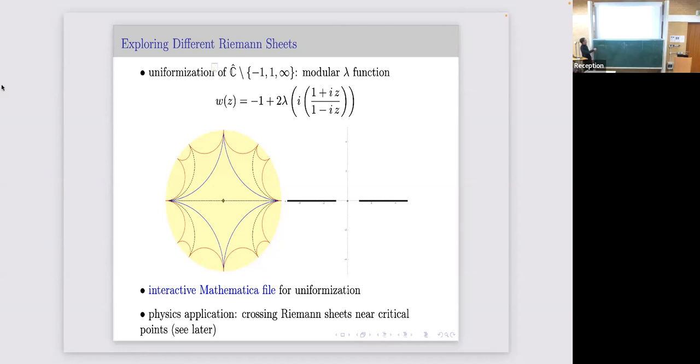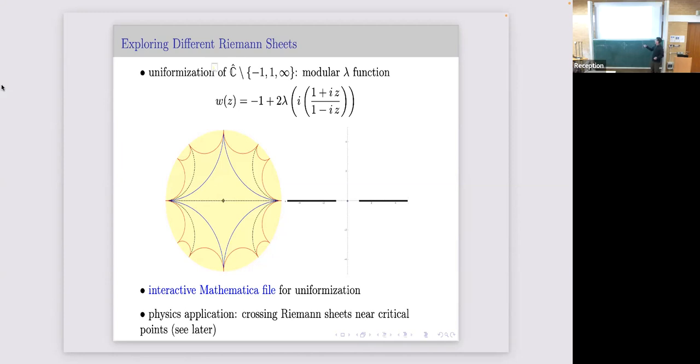So this maps inside here, but that's because it's just the first Riemann sheet. These regions between blue and the red represent the second image, and so on. So you've all seen these pictures of the repetitions of these uniformizing maps, and that way you cover the entire Riemann surface.